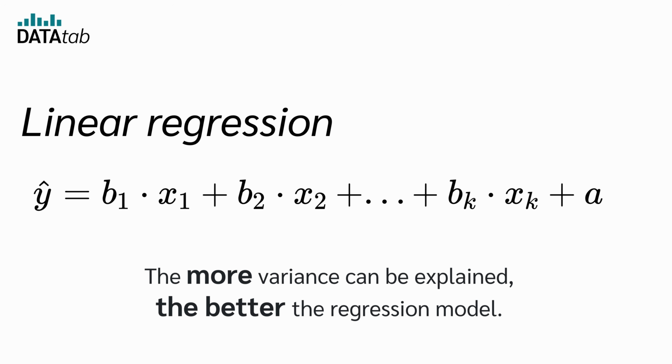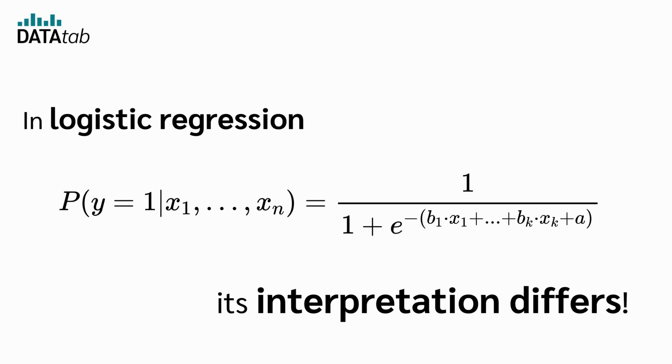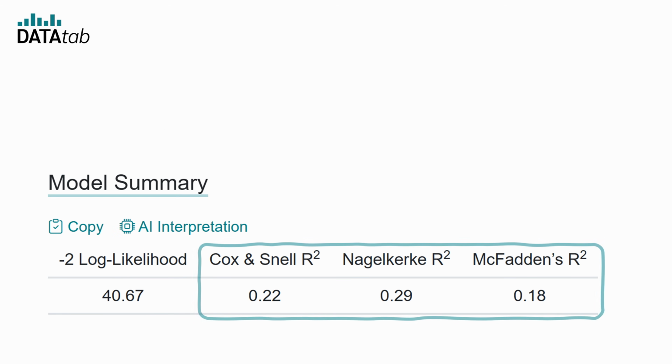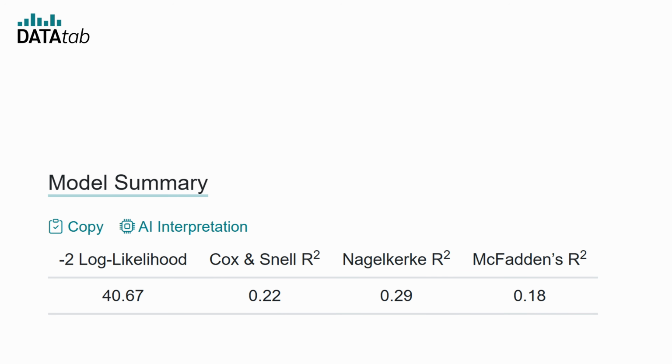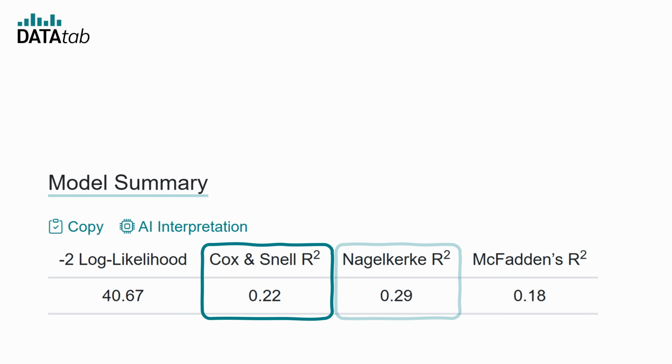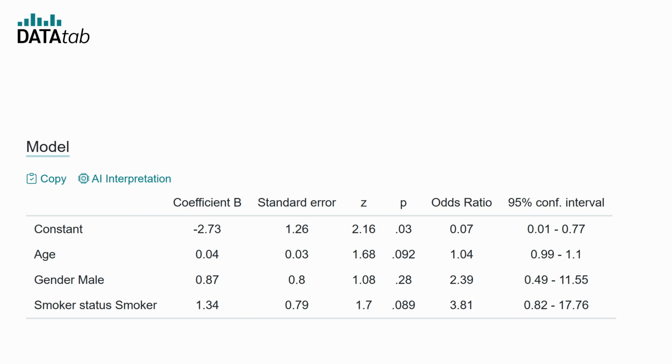The more variance can be explained, the better the regression model. In a logistic regression, however, its interpretation differs and multiple methods exist to calculate R squared. Unfortunately, there's no consensus yet on which method is considered the best. DataDep gives you the R squared according to Cox and Snell, according to Nagelkerke, and according to McFadden. And now comes the most important table, the table with the model coefficients.